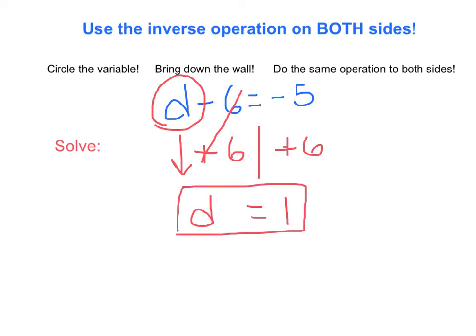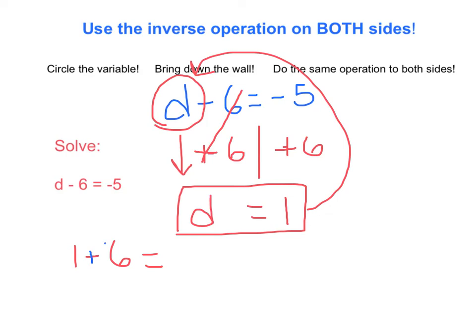to this equation. Now I need to check my solution to make sure that it is a true sentence. So in order to do that, I'm going to plug 1 back in here, and I'm going to rewrite it as 1 minus 6. And if I go back and think about the rules for adding integers, I know that I always change the minus to a plus and change the sign of the next, or keep, change.